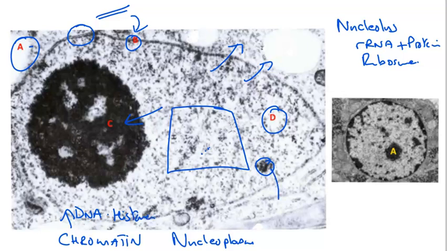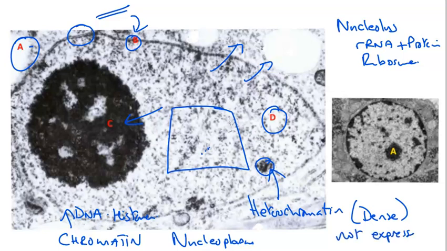And where we have these dark regions here, this is very, very dark, dense DNA histone chromatin, which is actually called heterochromatin. And for students already doing protein synthesis and gene expression, this represents the chromatin, or the DNA if you like, which is very densely coiled, and is not being expressed as a gene in transcription.